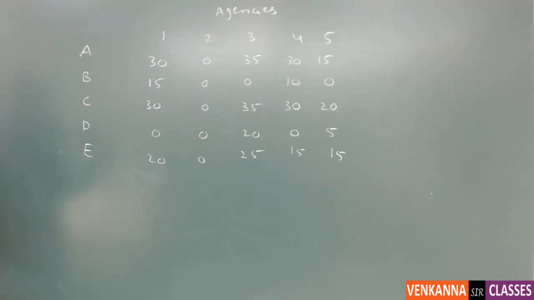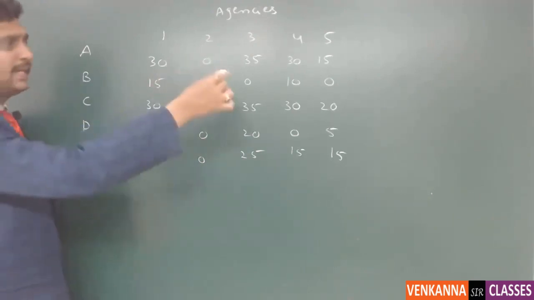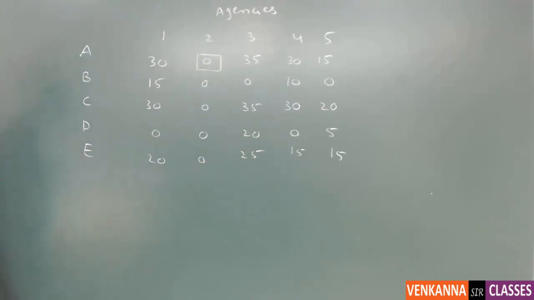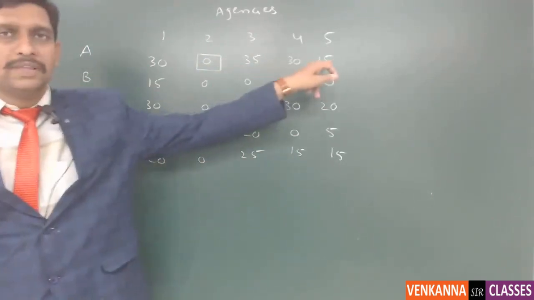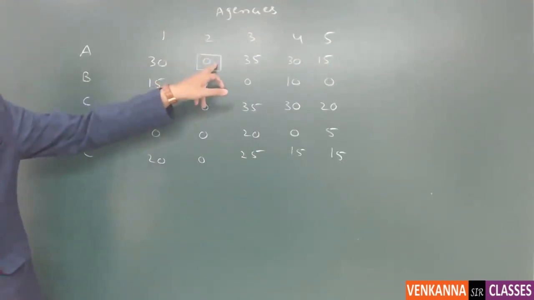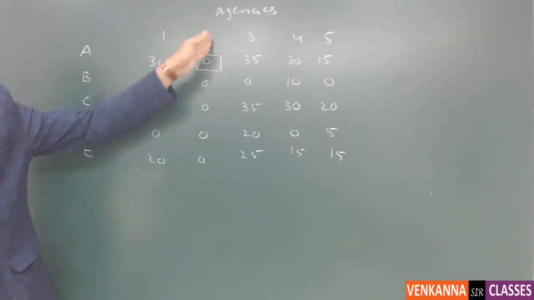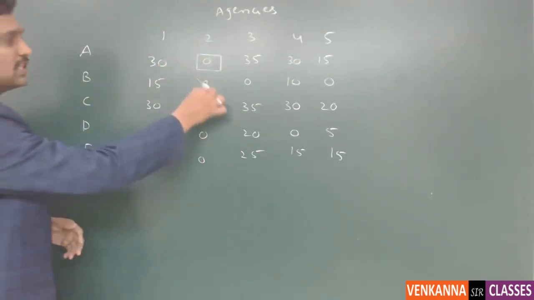Fine. Are you getting the concept? As and when you make an allocation, you put a box around it. If you are making the allocation in a row, then where the allocation is marked, if any 0 remains in that column, you cross that 0.